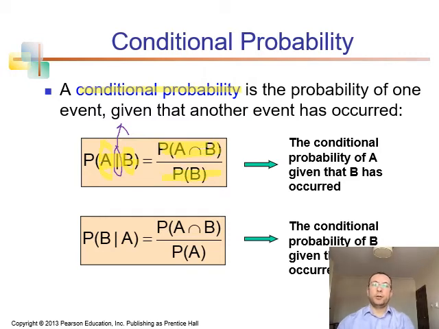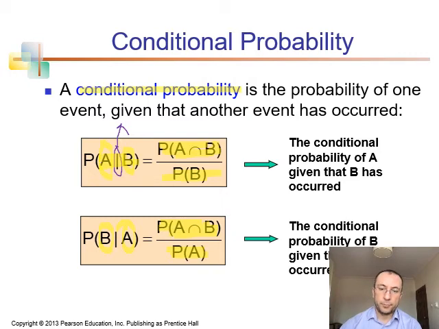This is the conditional probability of event A given that B has happened. And here it is probability of B given A has happened. And this is P(A intersect B) over P(A).